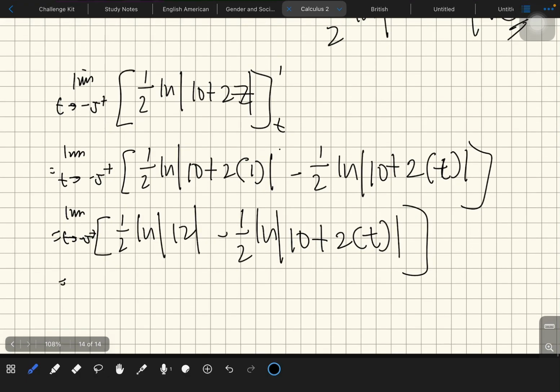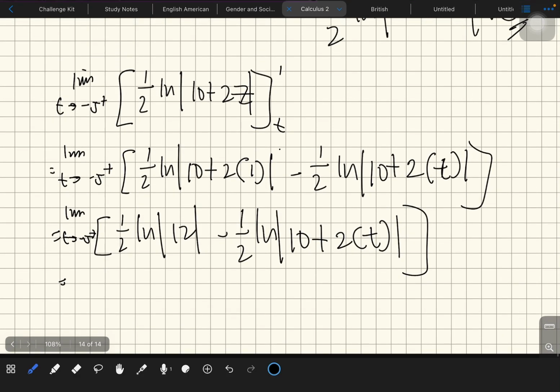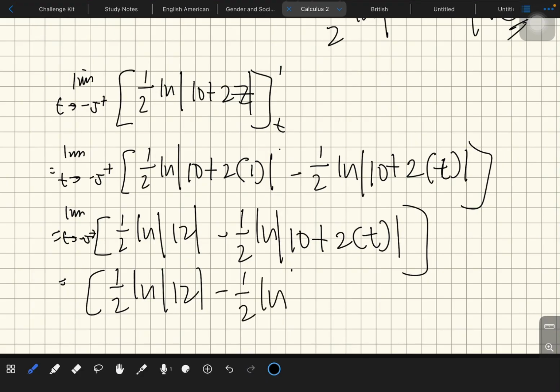So apply the limit. Yes, we applied this limit. 1/2 ln 12 minus 1/2 ln of 10 plus 2, apply the limit, 0.